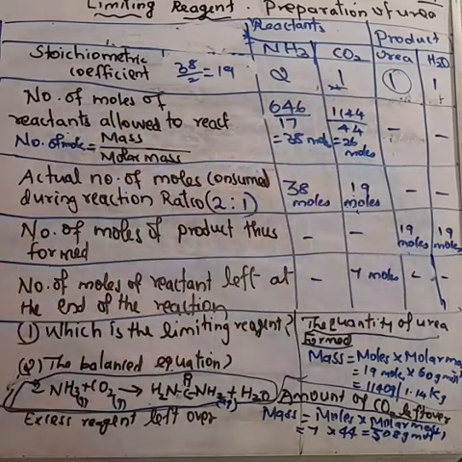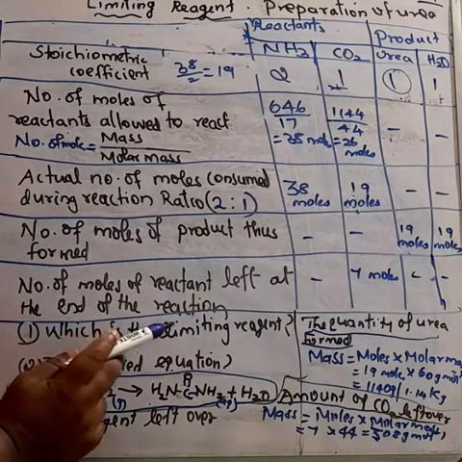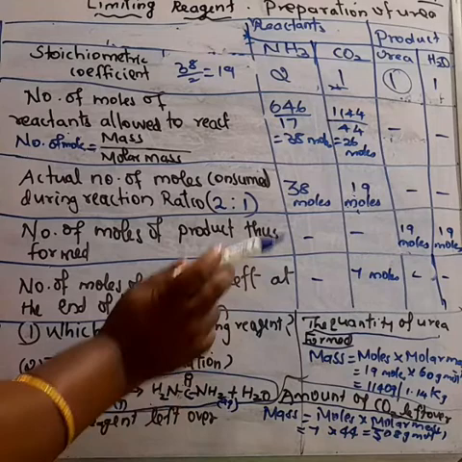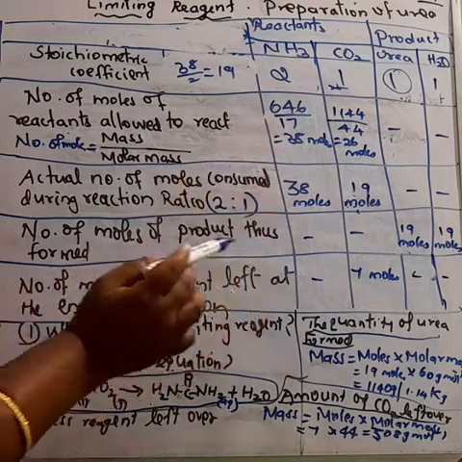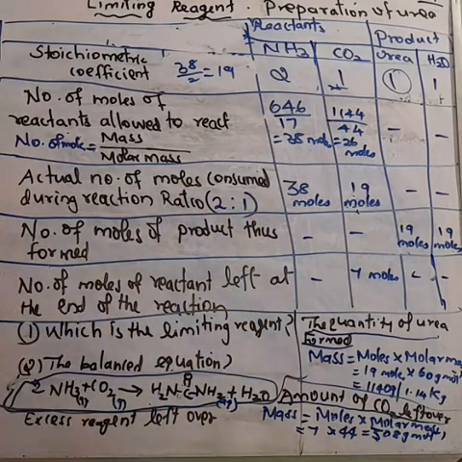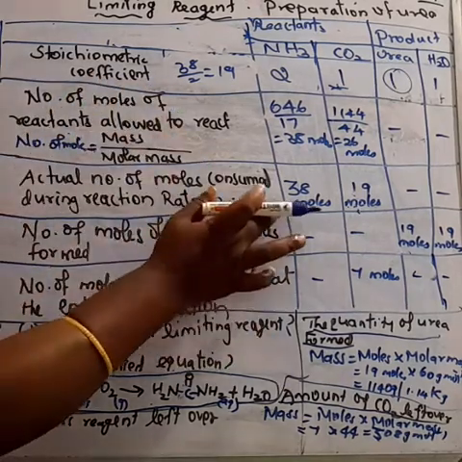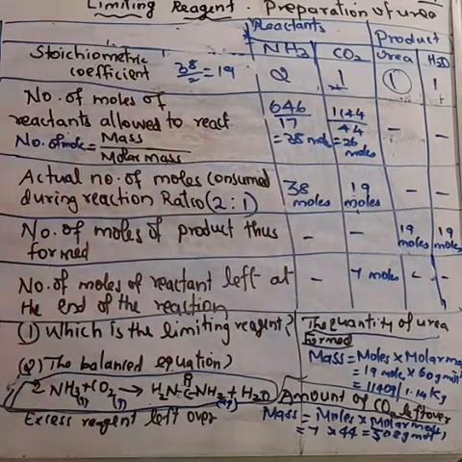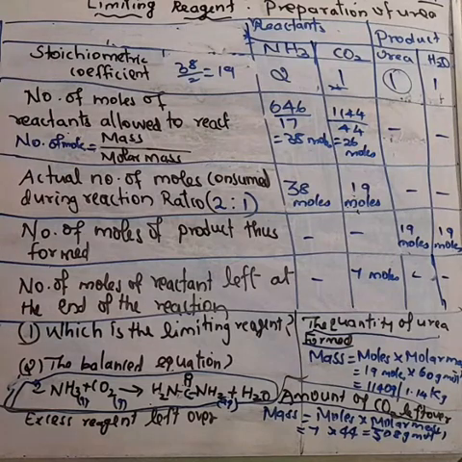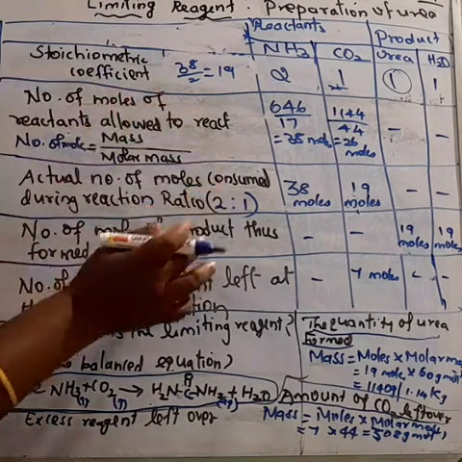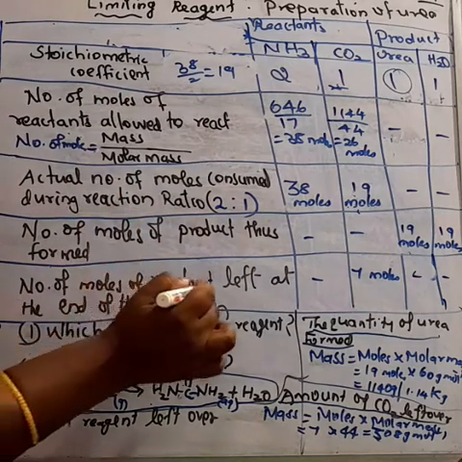Okay. So the number of moles of reactant left at the end of the reaction: ammonia is the limiting reagent. All ammonia molecules are reacted, 38 moles. Carbon dioxide is the excess reagent, that is 26 moles. So how do we calculate the reactant left at the end of the reaction?